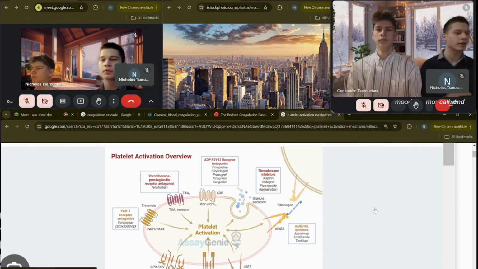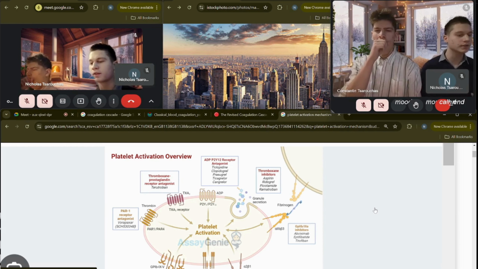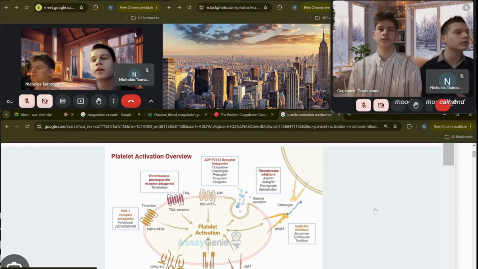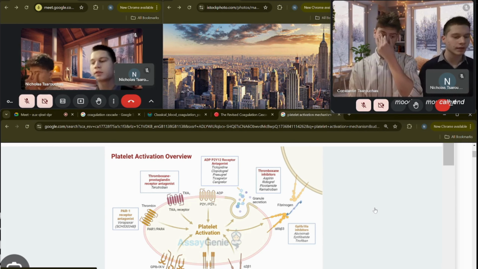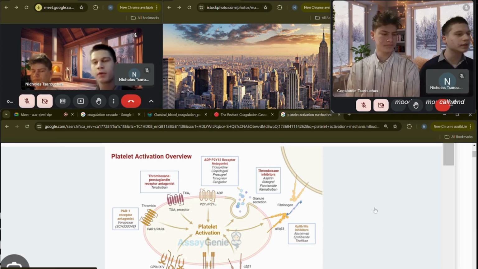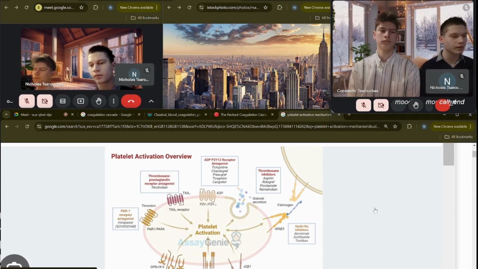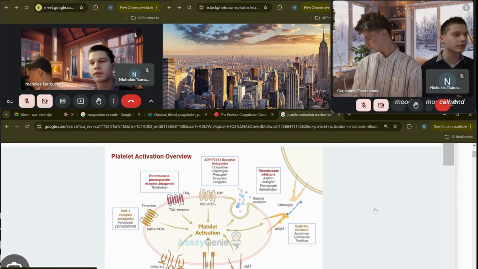So platelets have a lot of different granules, either dense or alpha granules, and they exocytose them. This is ADP and serotonin most often. These are your platelet activation signals.